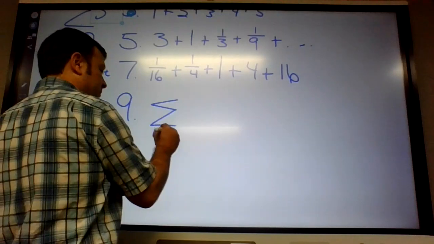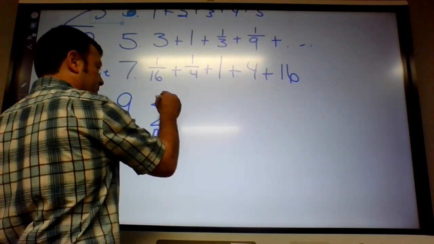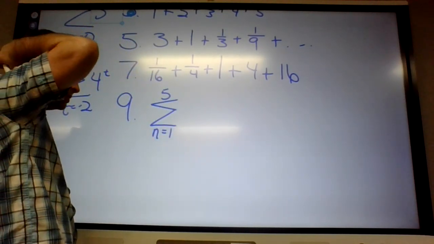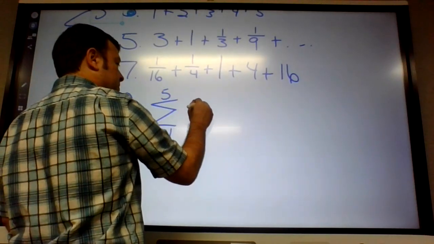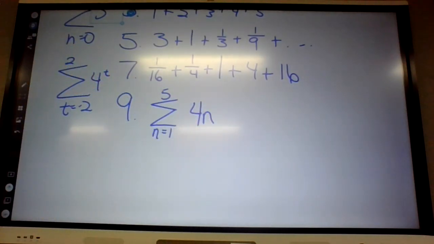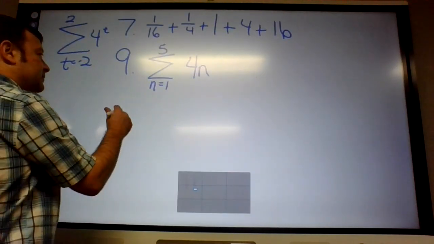So n needs to go from 1 to 5, 'cause 4 times 5 is our last term. And then it's just 4 times n. You could say it's like 0 plus 4n, but yeah. It's just 4n is fine.